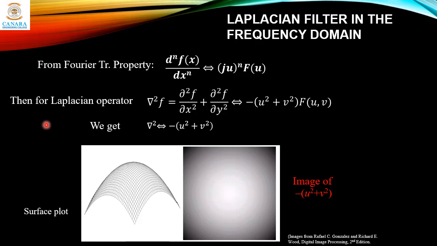Then for the Laplacian operator, del squared f equals ∂²f/∂x² plus ∂²f/∂y², which is equivalent to minus of (u squared plus v squared) times F(u,v). So del squared is equal to minus of (u squared plus v squared), and if you plot it, you get this.